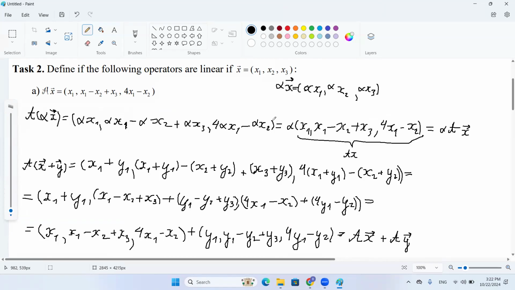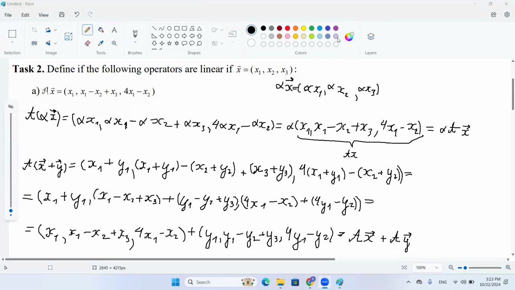I confirmed. Okay. Yeah, so homogeneity is fulfilled and the same for additivity. Any questions about this task? Okay, I guess no questions.